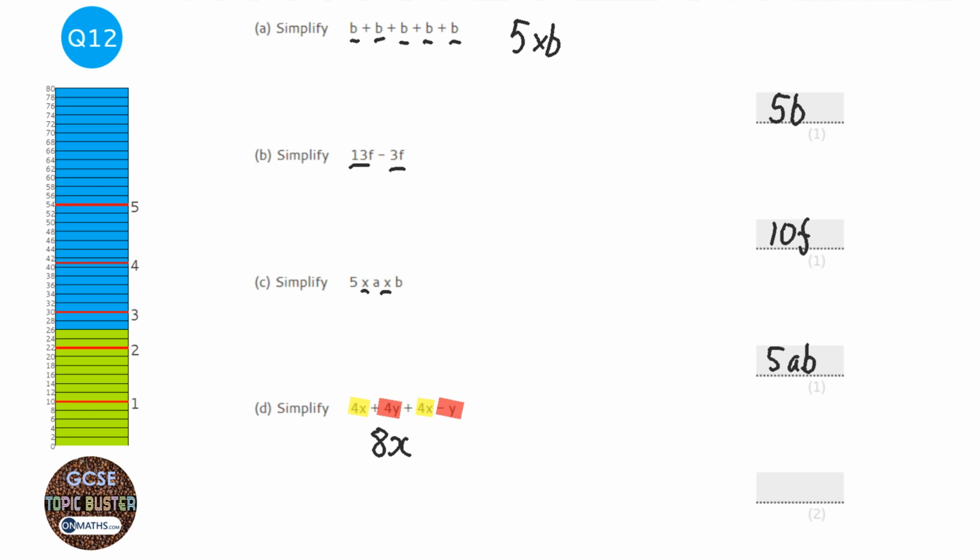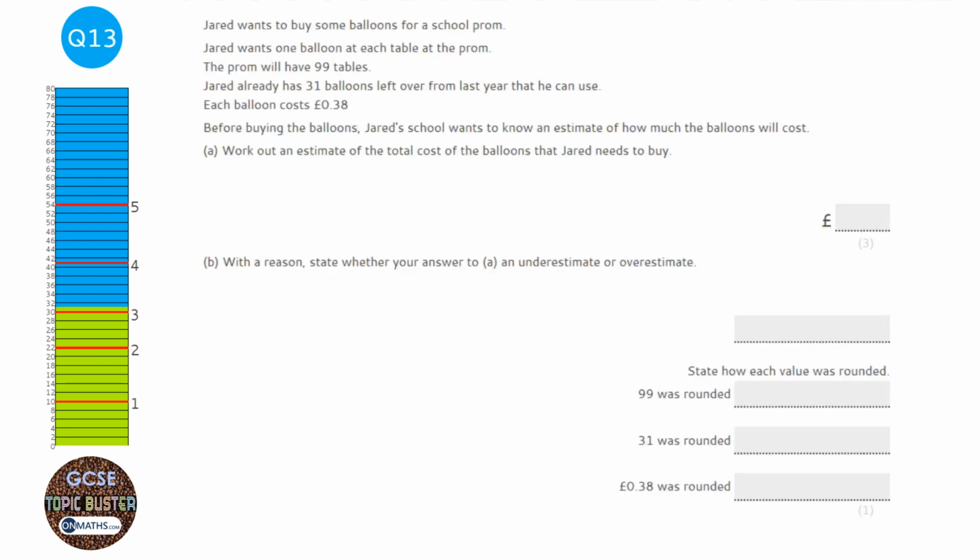Now the y's, we've got a positive 4y, and we're taking away a y. So if we've got 4 of something, and we're taking away 1 lot of it, that leaves us with 3y. So the answer is 8x plus 3y. Okay, pause the video now and have a go, otherwise let's get started.